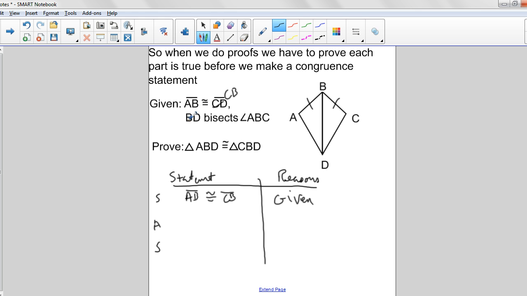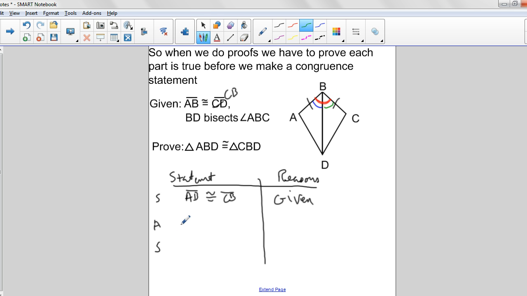BD bisects angle ABC. Angle ABC, we're talking about this angle right here, gets bisected. And if you recall from before, when things are bisected, it creates two equal angles. So this angle right here and this one right here are the same thing.